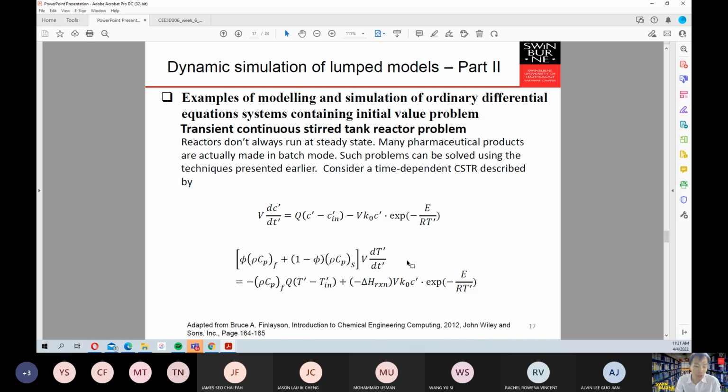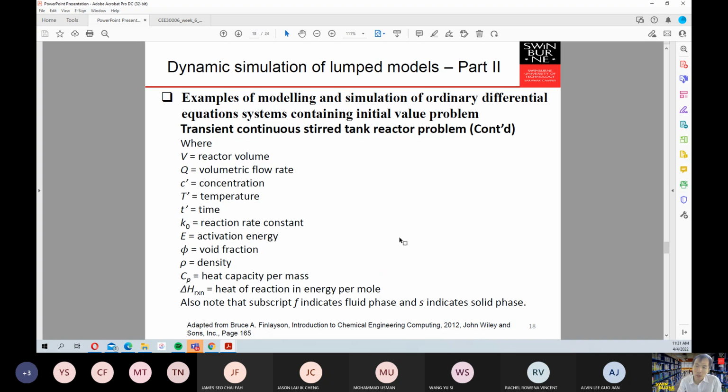We will not go into the details of how this is derived, but the most important thing is that you know there are different phases in here. One is the fluid phase, the other is the solid phase. We give you a bit of nomenclature here for you to check what all these parameters correspond to.